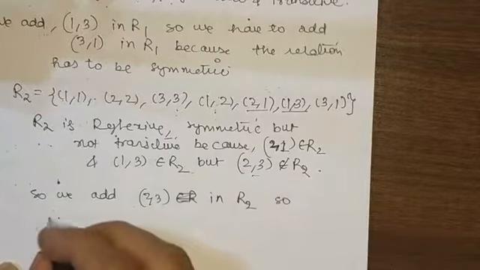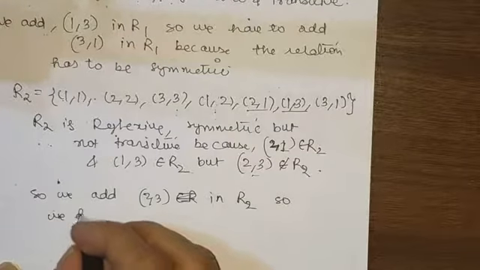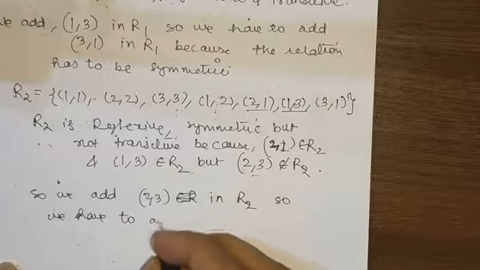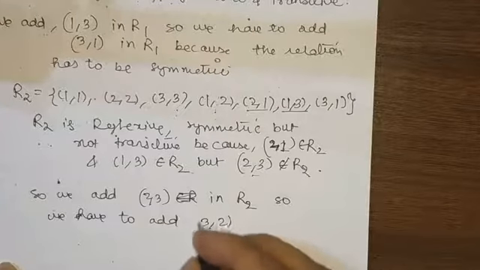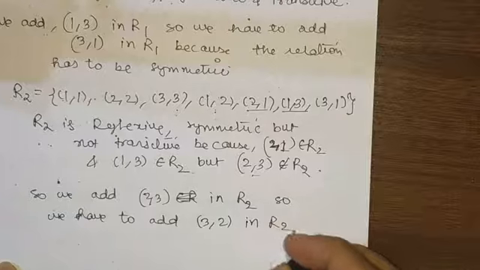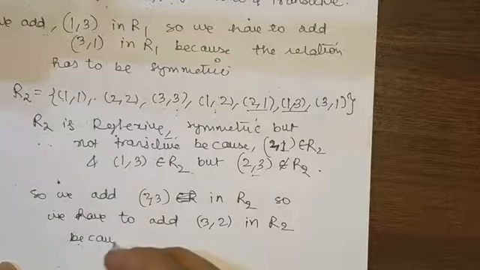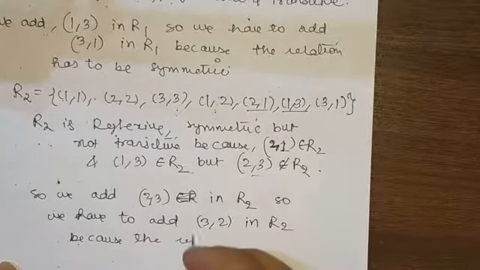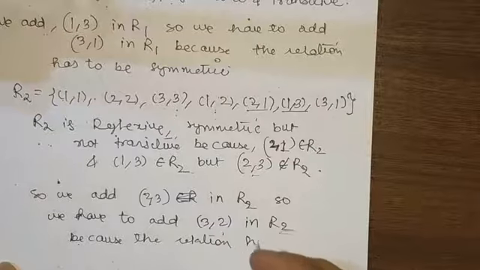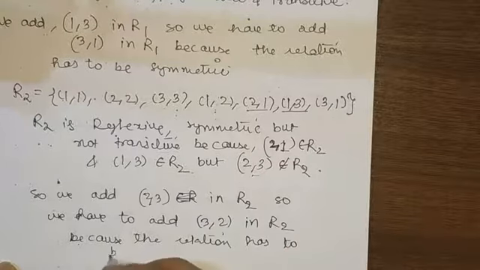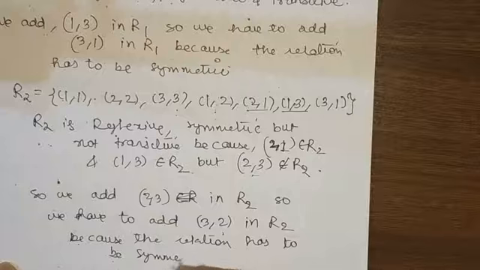Then we also have to add 3 comma 2 in R2, because the relation has to be symmetric.